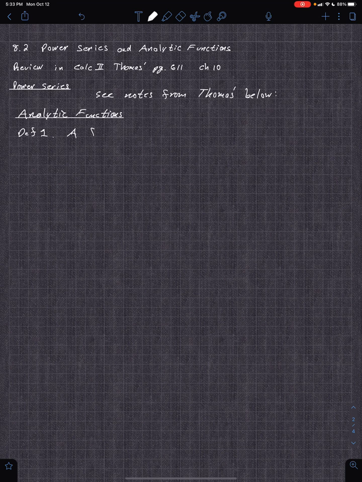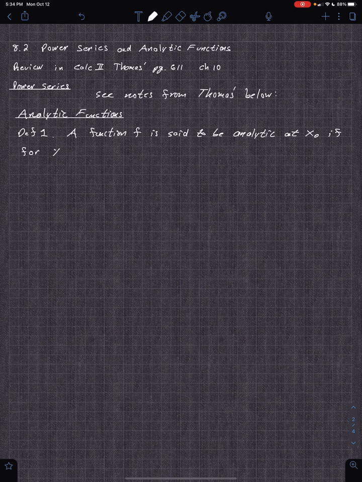So a function f is said to be, or called, analytic at a specific value, so at x naught, if for x naught in some open interval, so I'll just put that down.